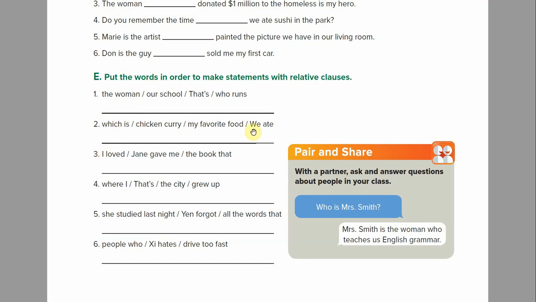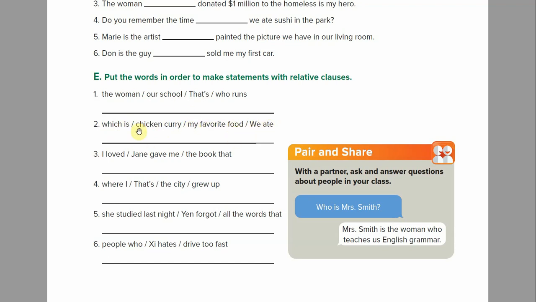Here's the capital letter. We ate is first. So we ate, and what did we eat? Chicken curry. And chicken curry, which is my favorite food.